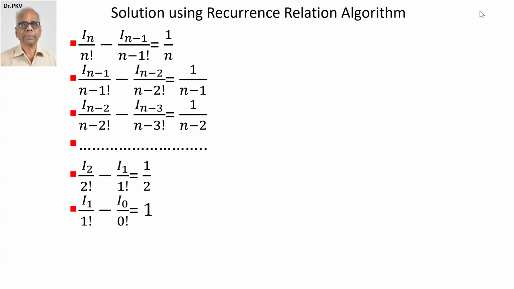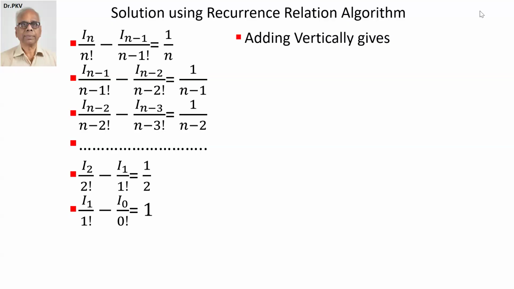Now, I_1 by factorial 1 minus I_0 by factorial 0 is equal to 1. Of course, factorial 0 is 1.